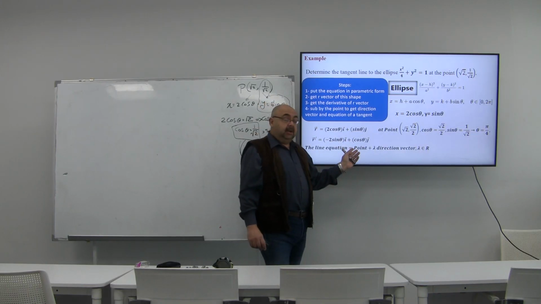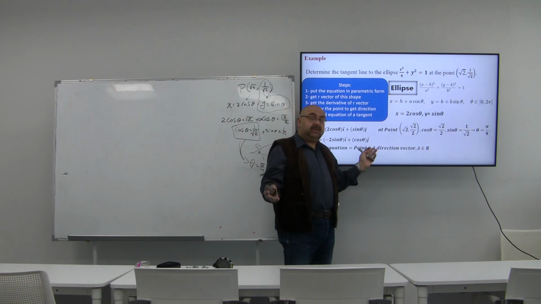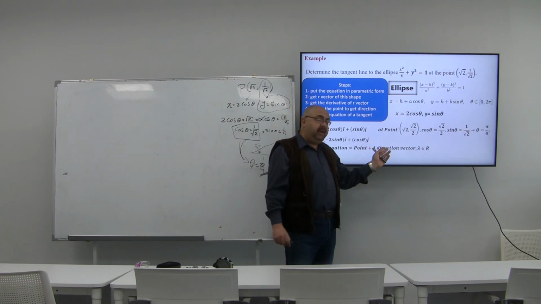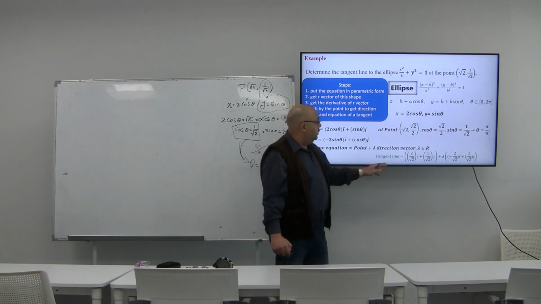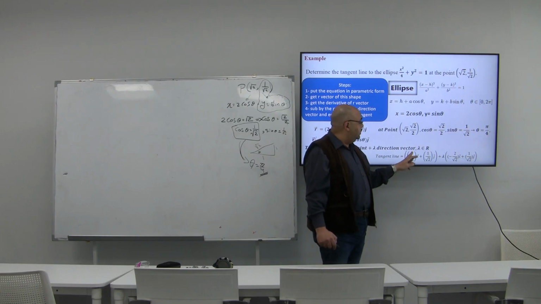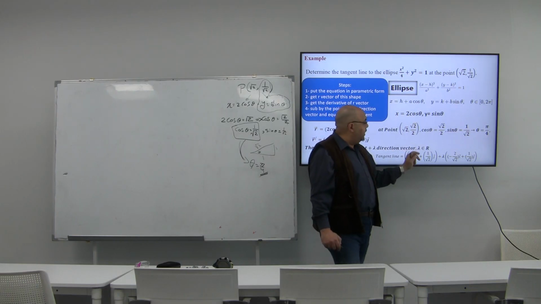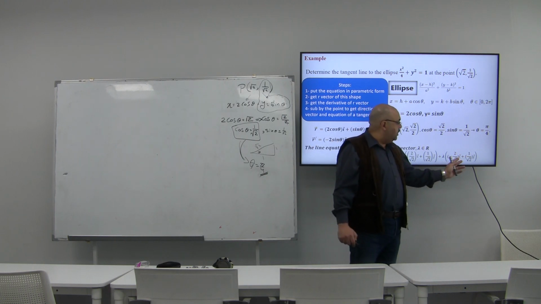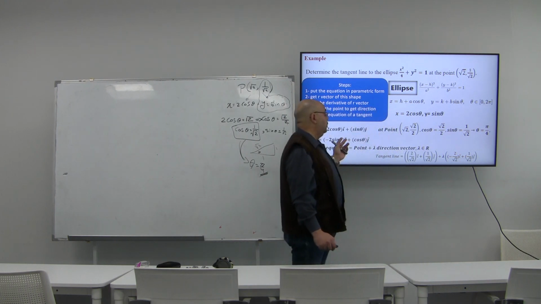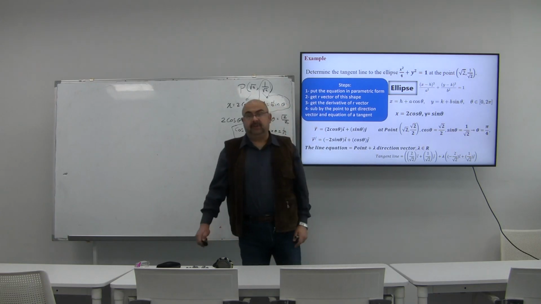The point plus lambda, which is a constant, times the direction vector, or the slope of this vector. As I told you, this is the first coordinate, which is root 2. This is the second coordinate, which is 1 over root 2. This is lambda, and these are the values from r dash. So that's the equation of the tangent line.